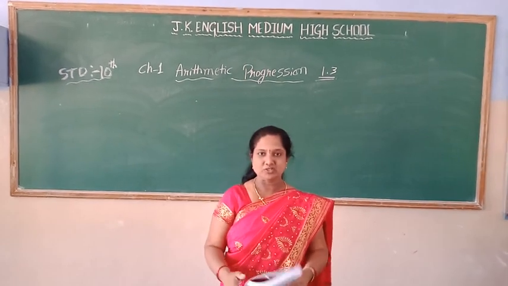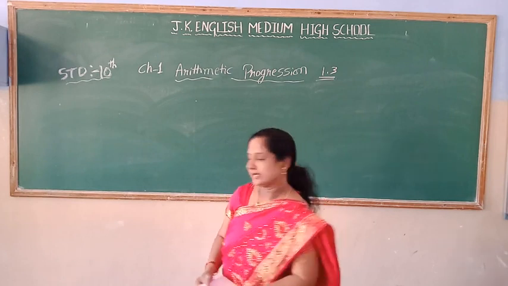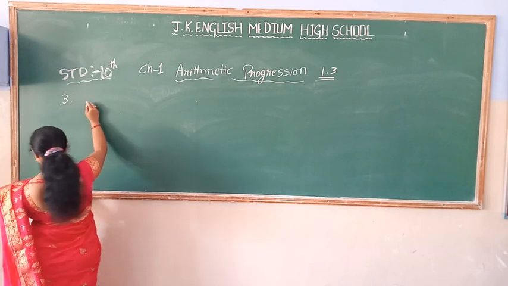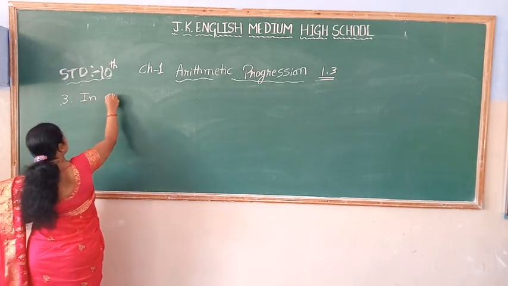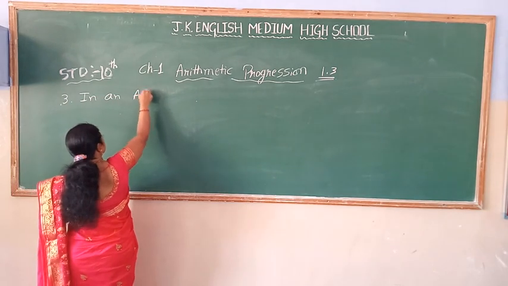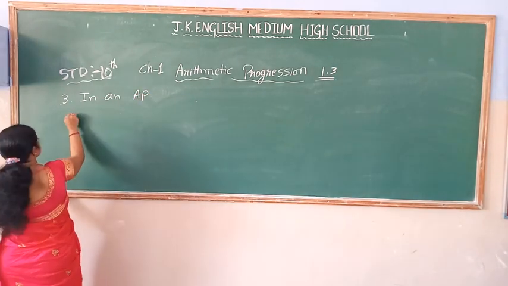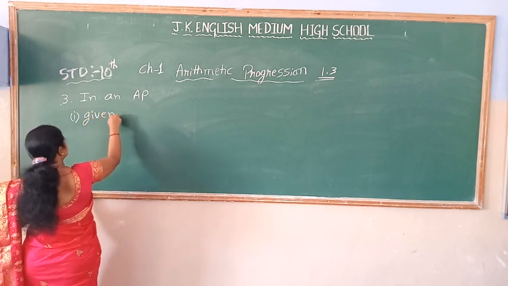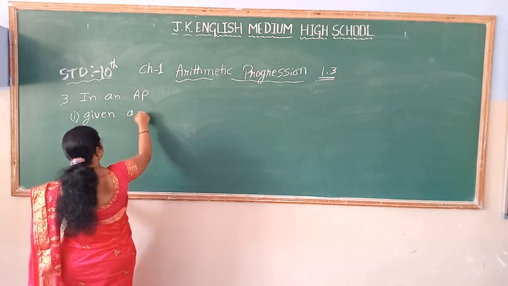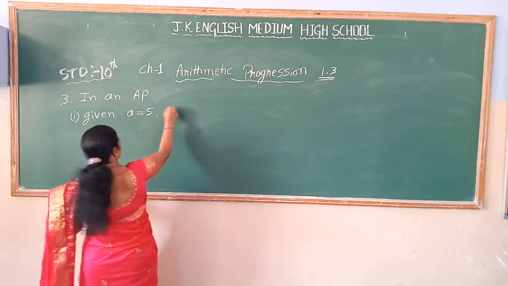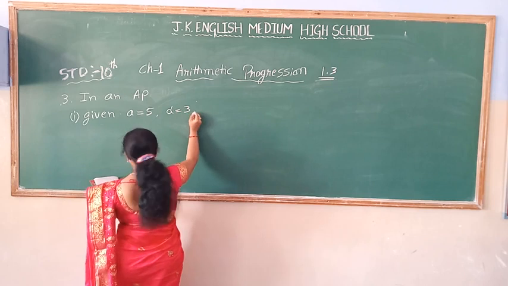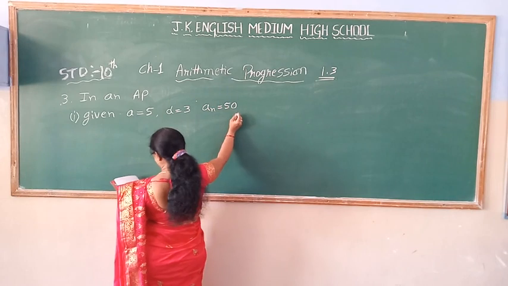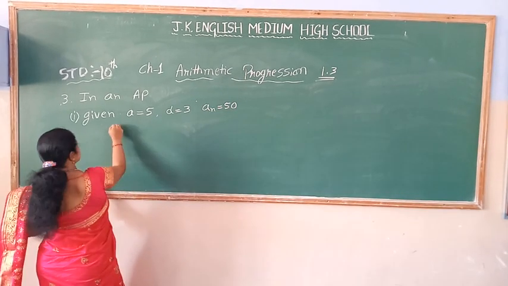Children, now we will solve the third main. The third main heading is: in an AP. First question they gave us: given a is equal to 5, d is equal to 3 and an is equal to 50, then find n and Sn.